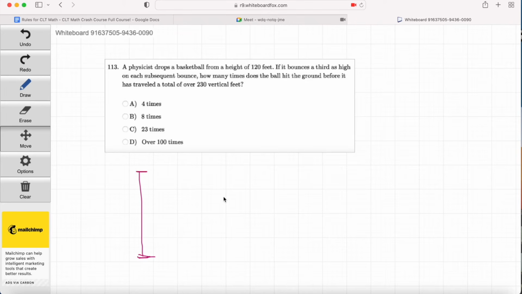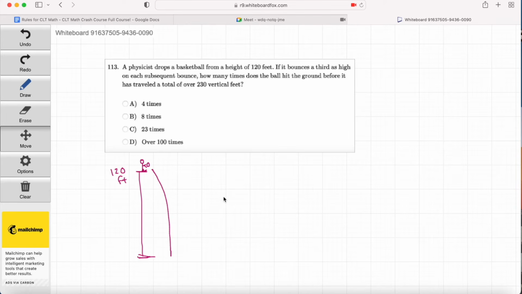This is 120 feet up here, like a balcony or a platform of some sort. Here's our physicist. Our crazy physicist. Okay. And he's got a ball that he's dropping. And he's going to drop it 120 feet. Woo! Okay. Now I'm guessing it's going to bounce. We'll get to that in just a minute.